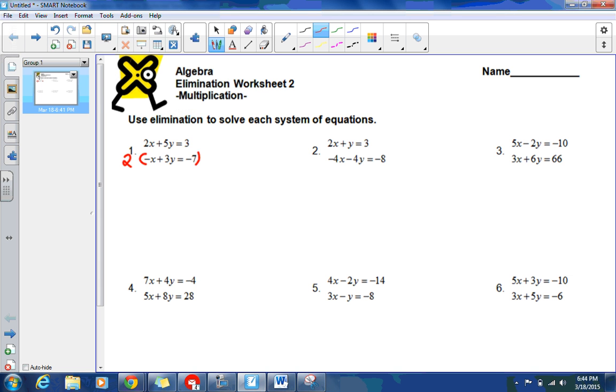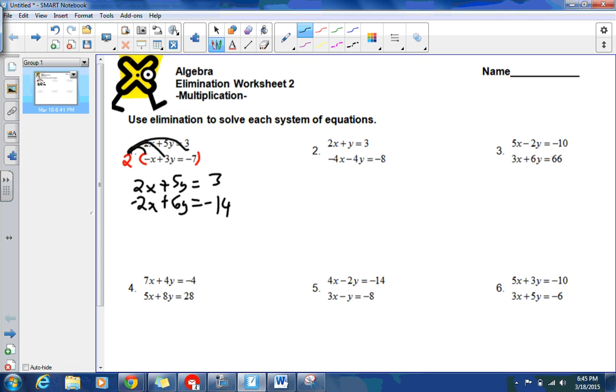If I multiply all those by 2, our new second equation will be negative 2x plus 6y equals negative 14. Then you keep your original first one, 2x plus 5y equals 3.